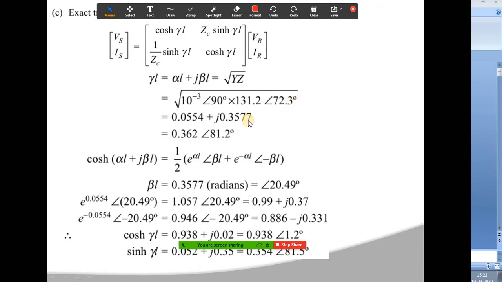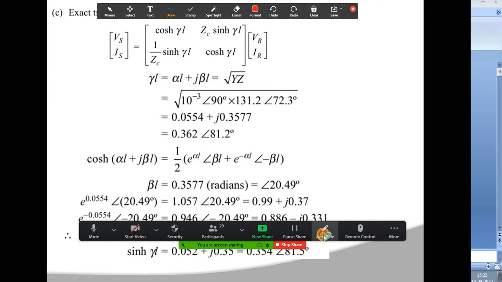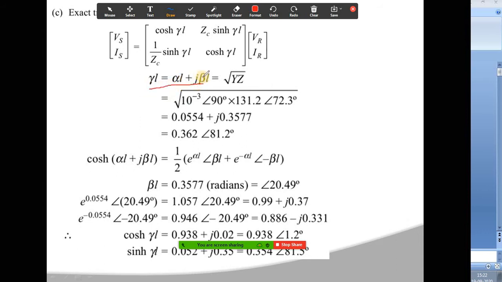When you solve this equation, you will get 0.0554 plus j0.3577. Now gamma L is in the form of alpha L plus j beta L. So alpha L is equal to 0.0554, and j beta L is equal to j0.3577, that means beta L is 0.3577.